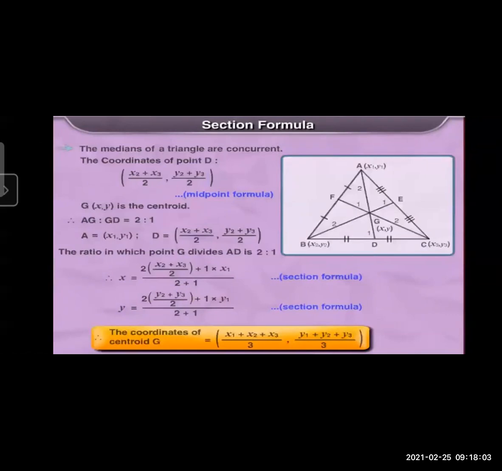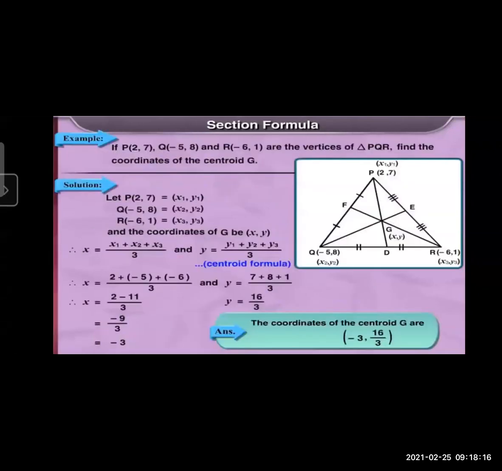So up to now, we derived 4 formulas. First one is the distance formula. Second one is the section formula, third the midpoint formula, and the fourth one is the centroid formula. Okay, so by using this centroid formula, we find the coordinates of the point G.